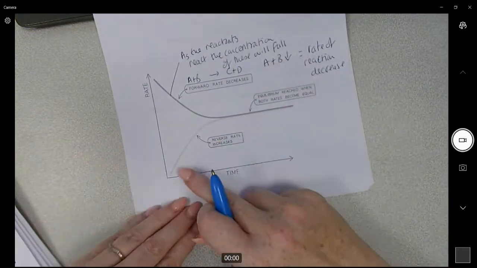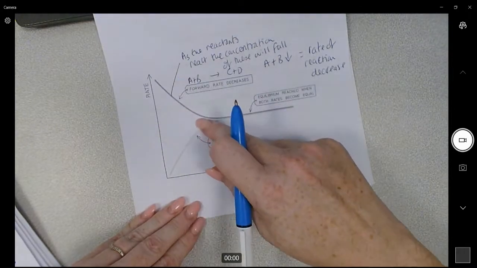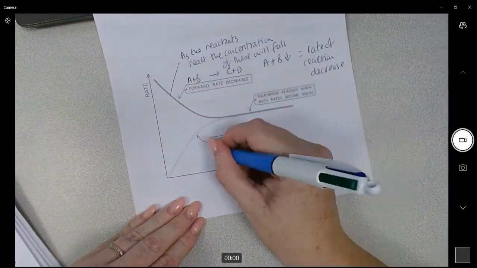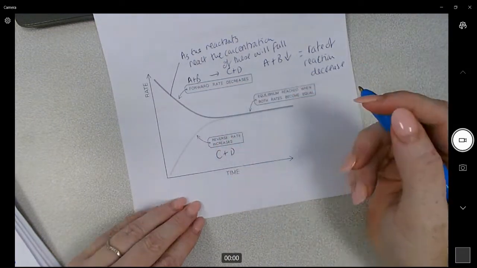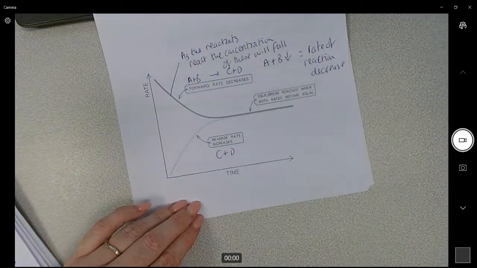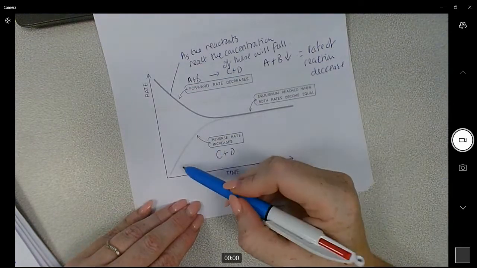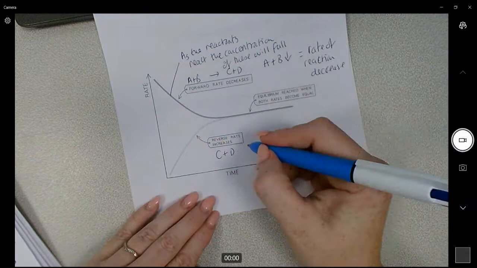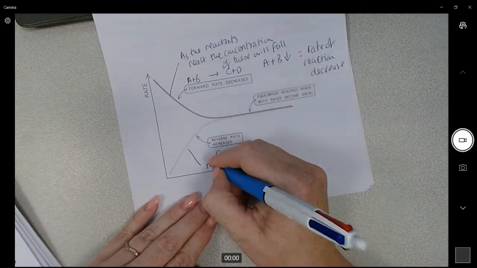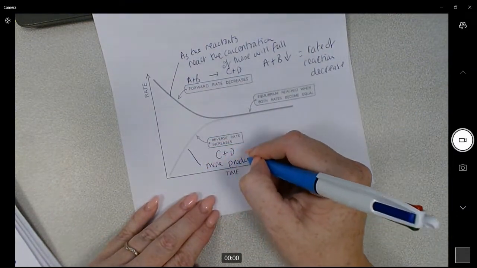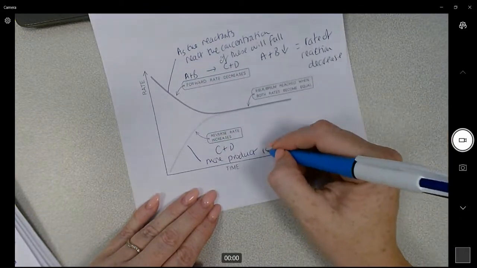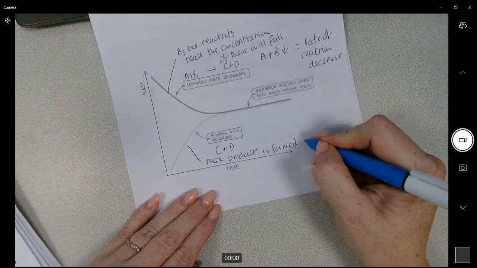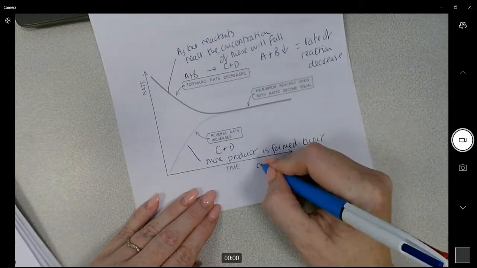On the other hand, as A and B begin to decrease, well, that means we're making more of our product. So this here will be our product, the reverse rate of reaction. So as you can see, we're making more C and D. So the C and D levels are starting to go up. So let's say that. So more product is formed. So the concentration increases.